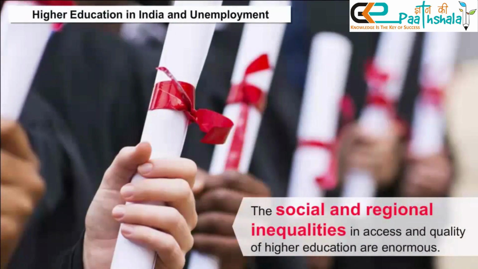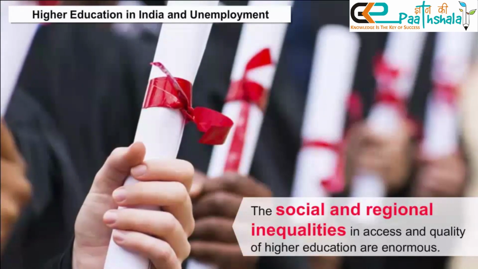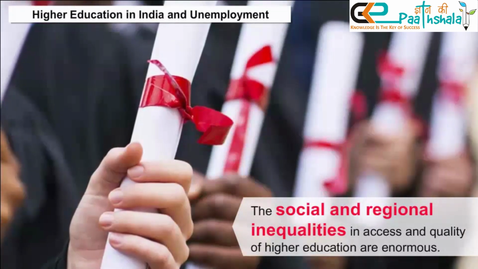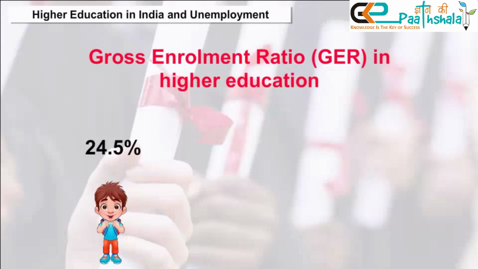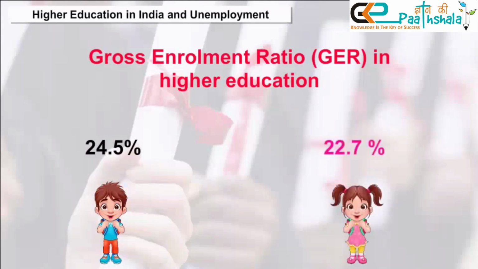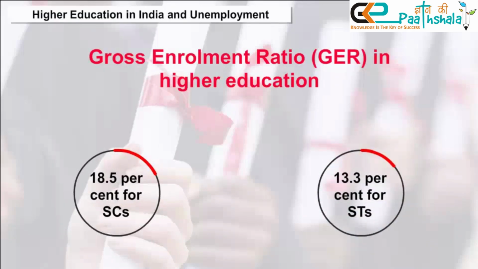Higher education in India and unemployment. The social and regional inequalities in access and quality of higher education are enormous. The gross enrollment ratio, GER, in higher education is 24.5% for boys, 22.7% for girls, 18.5% for SCs, and 13.3% for STs in 2014-15.